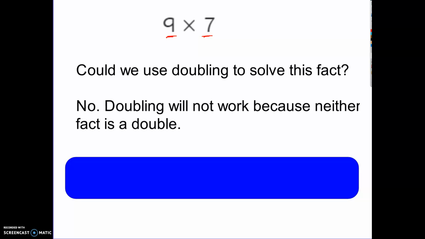One of these would have to be an even number. So if this was 9 times 4, I could do that, because I could say, well, half of 4 is 2, so 2 times 9 equals 18, and 18 plus 18 equals 36. But I cannot do it for two odd numbers.